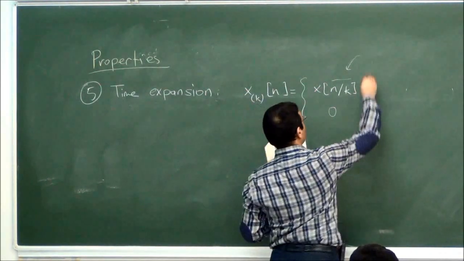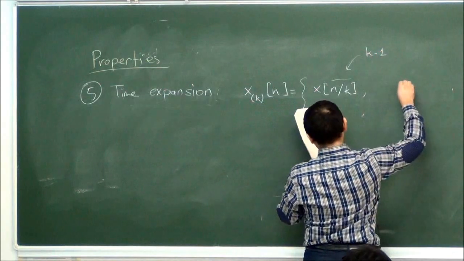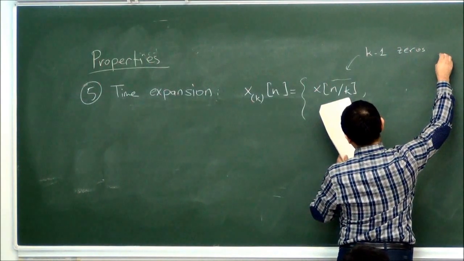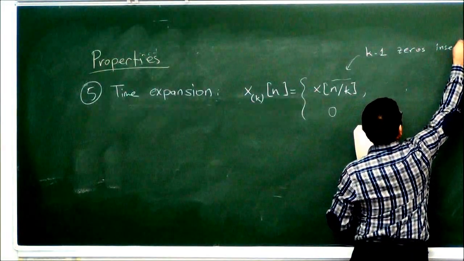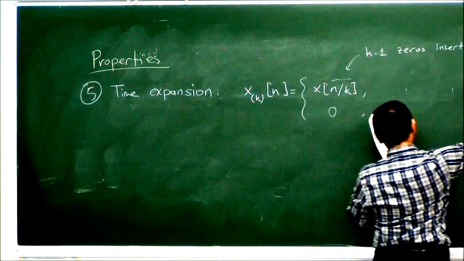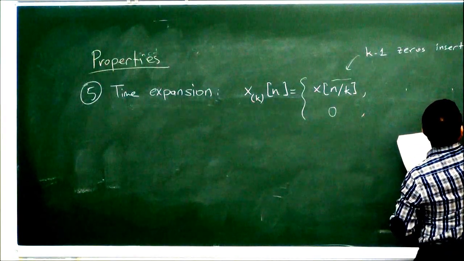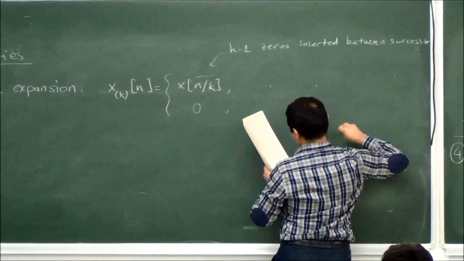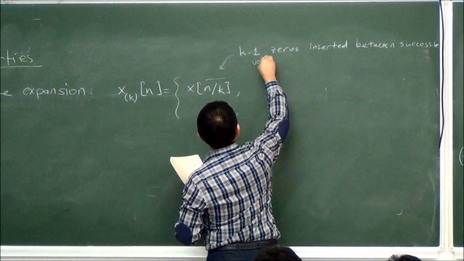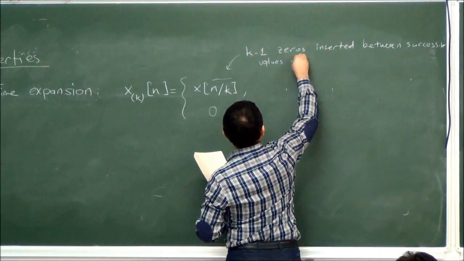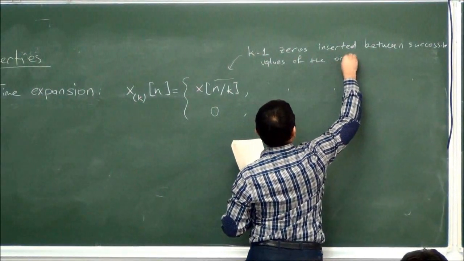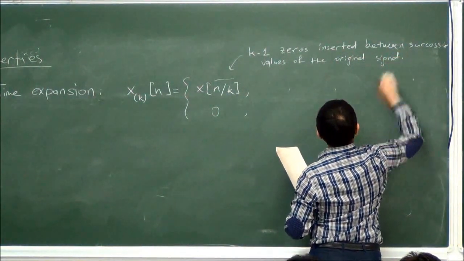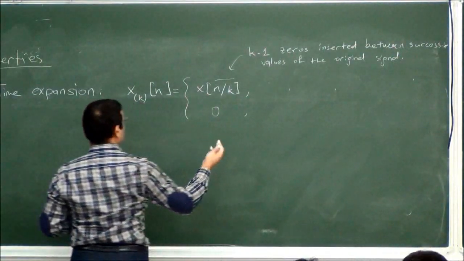The meaning of this is that k minus 1 zeros are inserted between successive values of the original sequence, or signal. So you are expanding your sequence.